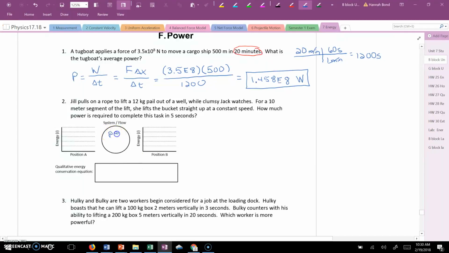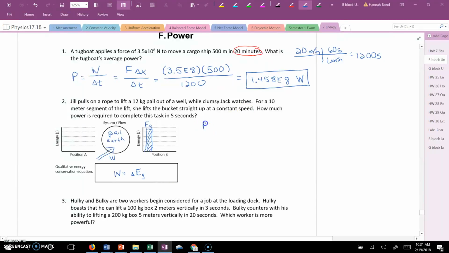So the system is the pail and the earth. We'll assume that at the beginning, where it is, we'll call that a height of 0, but it's 10 meters higher at the end after Jill has pulled on it. So the work that Jill is doing is changing the gravitational potential energy of this bucket.